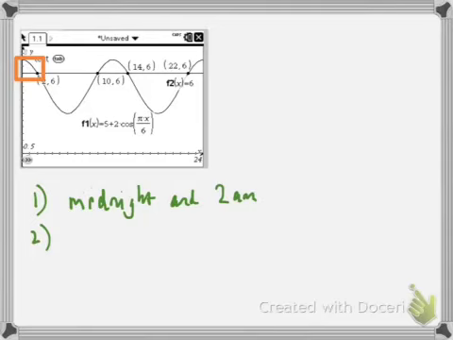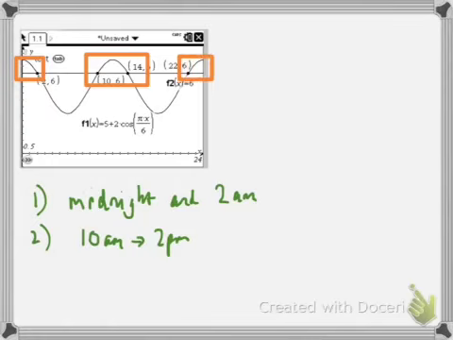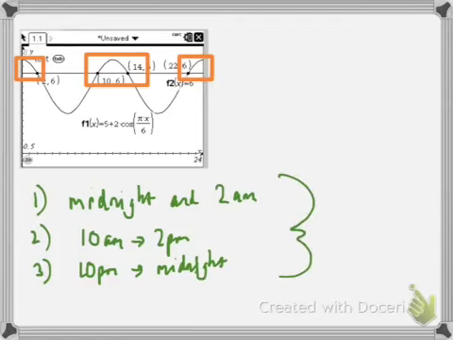It's also above 6 in this section here between 10 AM to 2 PM. And the third little bit over here is 10 PM to midnight. So if we took all of that, it's a total of 2 hours there, 4 hours there, 2 hours there. That's 8 hours in total that it's above 6 metres.